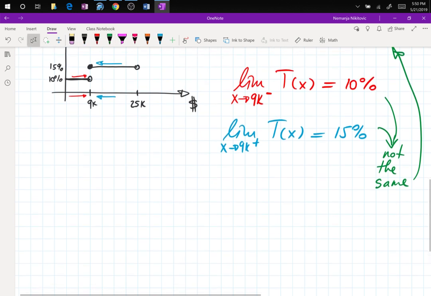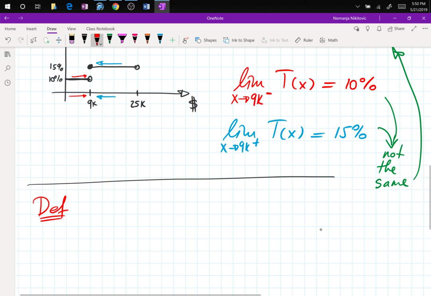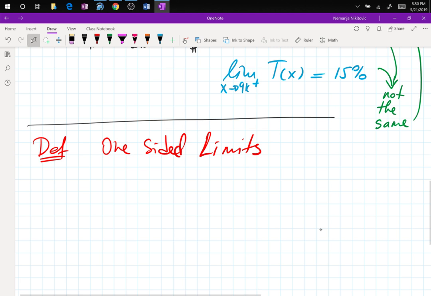So now, we're going to define one-sided limits. And then we'll have this major theorem which helps you solve problems down the line in this class. So, approach from the left.